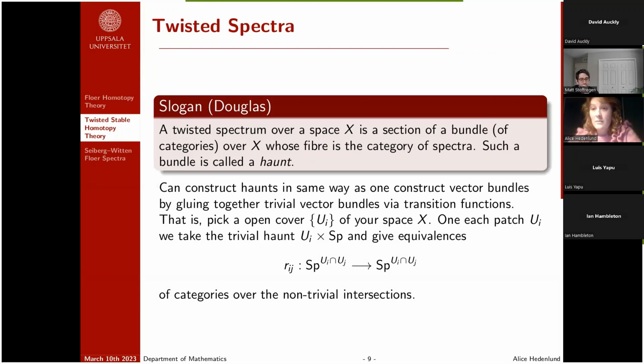On each patch of my open cover, I look at just the trivial haunt. That would be something like U_i cross Sp, where Sp is the category of spectra. This of course maps down to just U_i again, like the ordinary projection. I do this over each patch, and then I give these gluing functions. These are basically equivalences of categories on the non-trivial intersections.